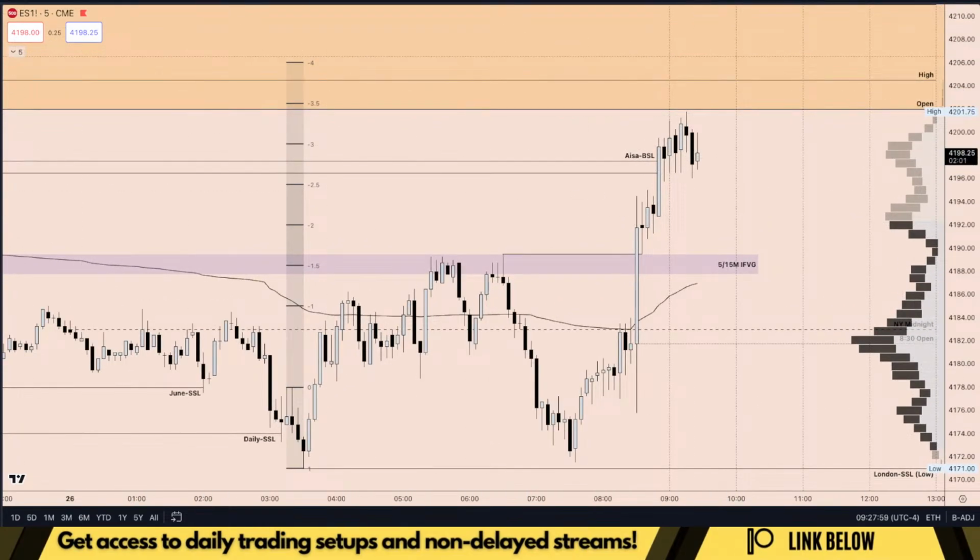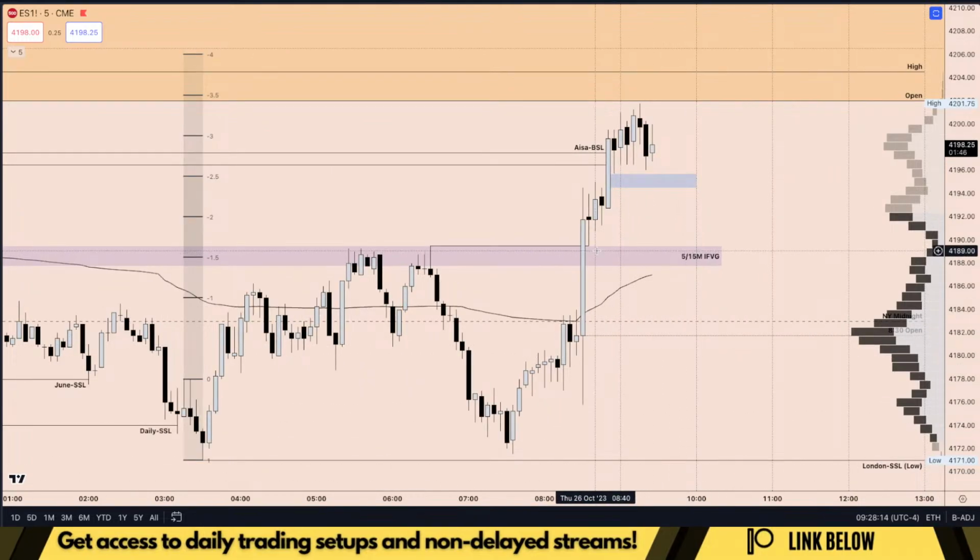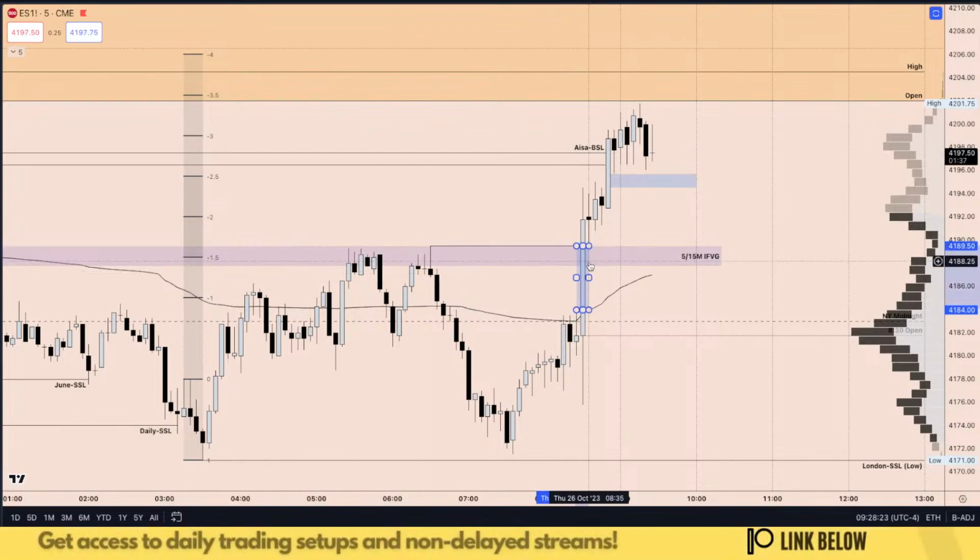So areas to watch out for here on ES. Yeah, good. 5-minute bullish fair value gap. It's the only real one. Maybe we could also retrace somewhere inside of the inefficiency that we have left behind with the 8:30 news candle.